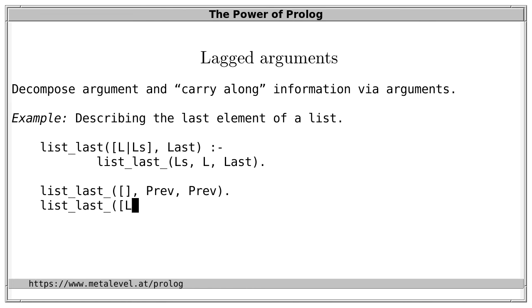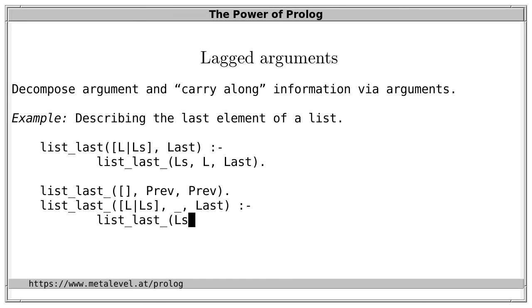And when the tail is the empty list, then the last element of the list is of course this previous list element. And second, if the tail has at least one element L and a tail ls, then the immediately preceding list element doesn't matter for describing the last element. So we simply use an anonymous variable, and the last element of this list can be described in terms of this auxiliary predicate.